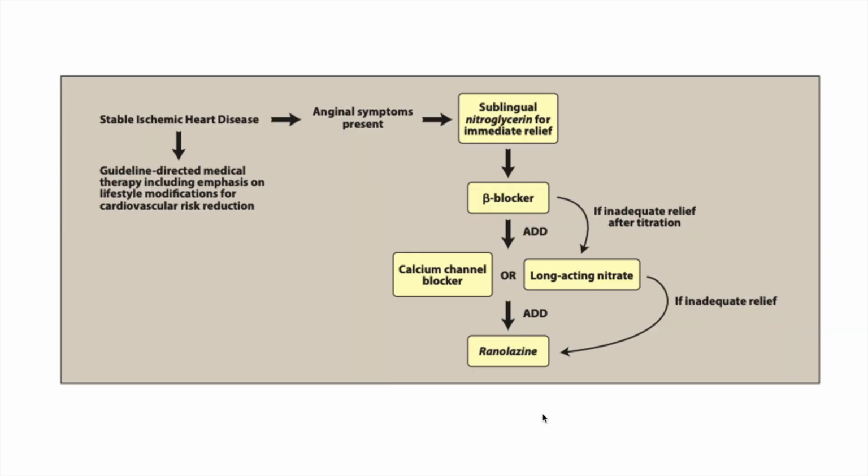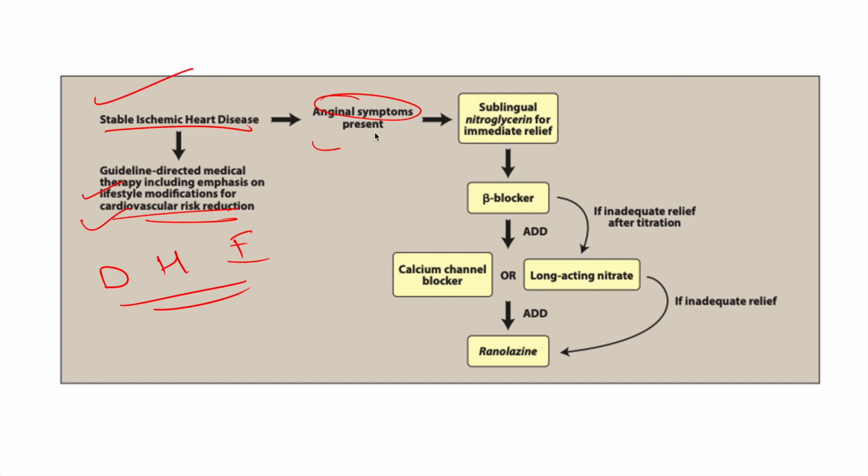And then this is just a treatment modality for stable angina. We talked a lot about unstable angina, myocardial infarction, but stable ischemic heart disease, where guideline-directed medical therapy includes emphasis on lifestyle changes for cardiovascular risk reduction. We talked about diet, habit, exercise. Okay, but when there's anginal symptoms present, what do we do? We give nitroglycerin for immediate relief.